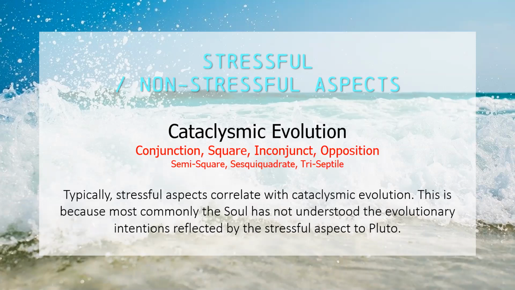So that is a definite form of cataclysmic evolution from my point of view, and the soul can experience that as a type of cataclysm because of the emotional intensity of it.